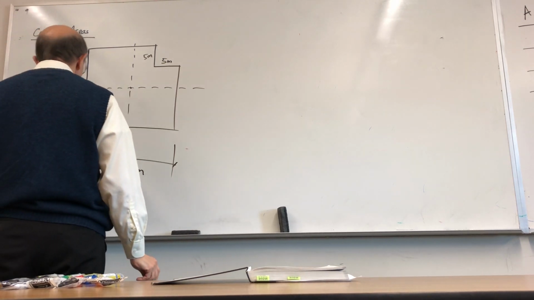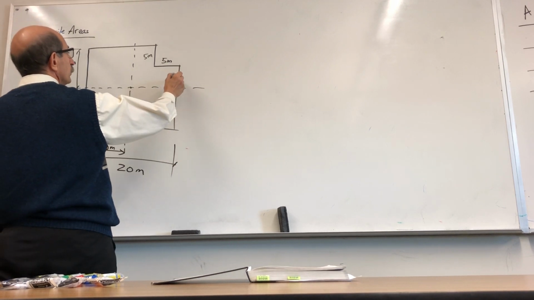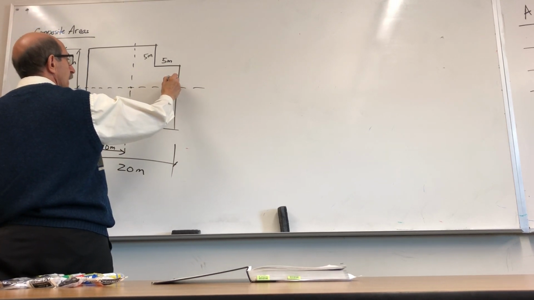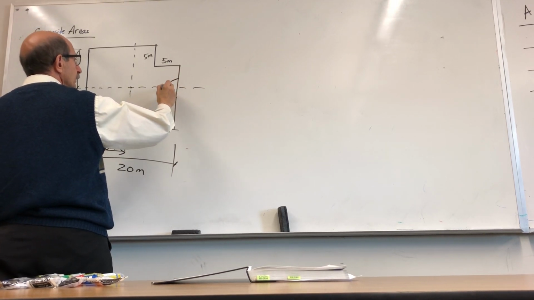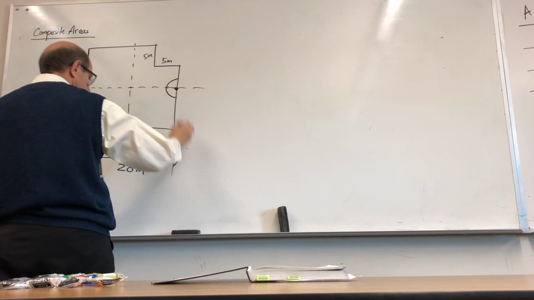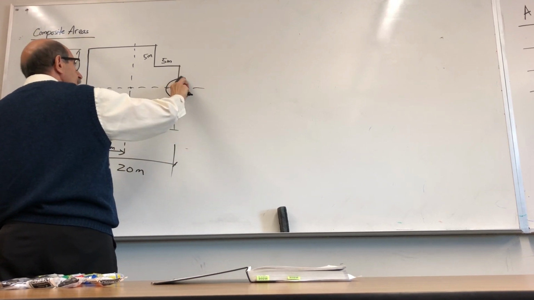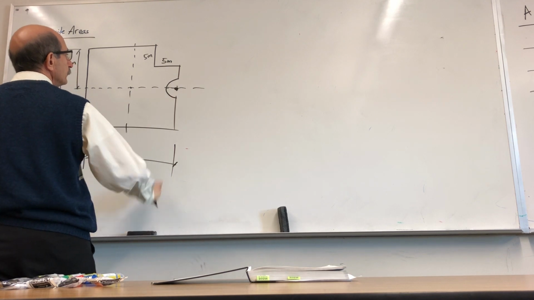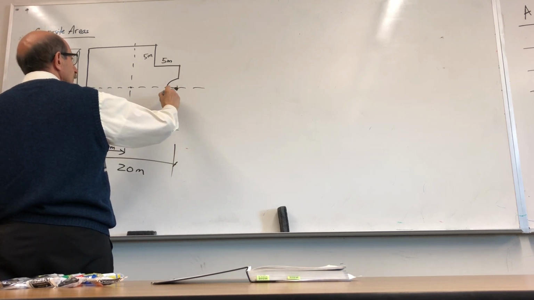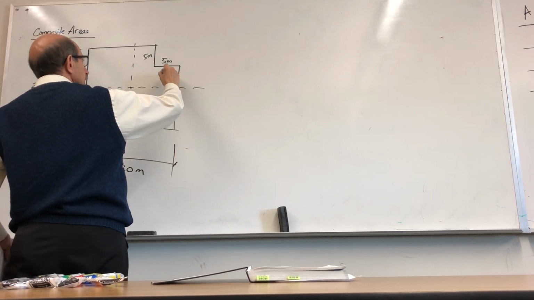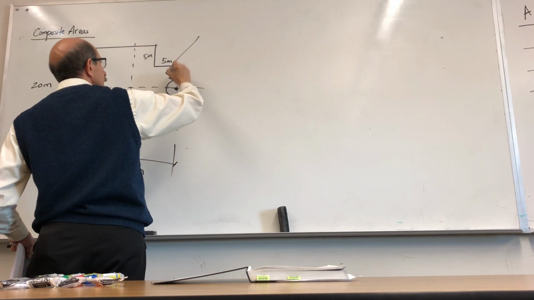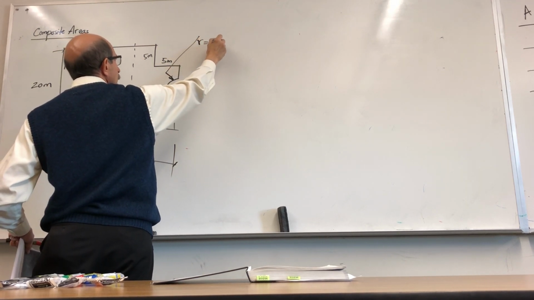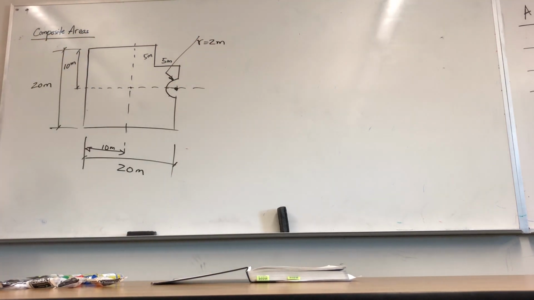Then here, I will cut a half circle shape, like a half a circle also, okay? So the area of this has a 2 meter radius.